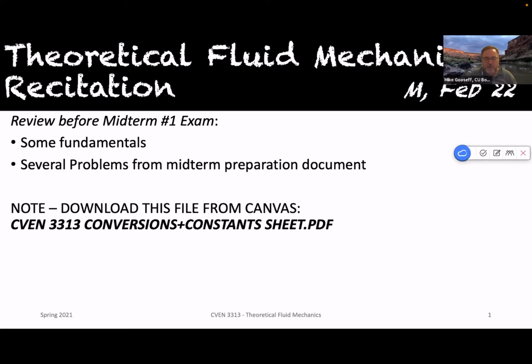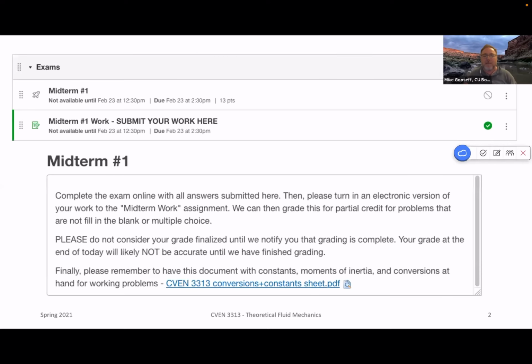Real quick then, the way this is going to work when you get to the exam tomorrow, and I will send you an email about this with all these details later tonight, but essentially you'll go to the assignments part of Canvas, and you'll see an exams module. It's not available now, but midterm 1 will be there.